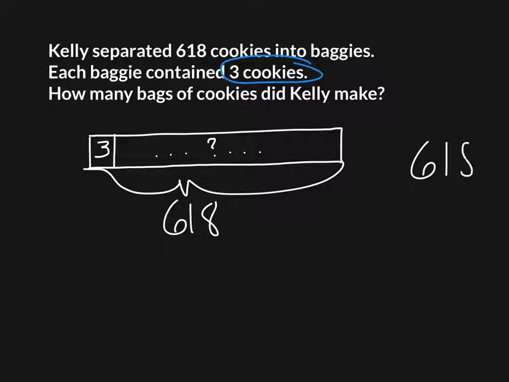So 618 divided by 3. And that should tell you how many bags of cookies Kelly can make. The next question I have is, are there any cookies left over? And if there are, how many more cookies would Kelly need to fill an additional bag?